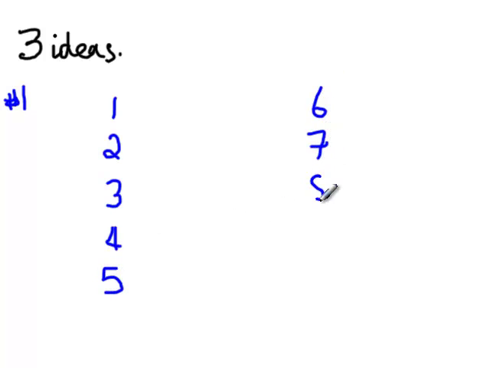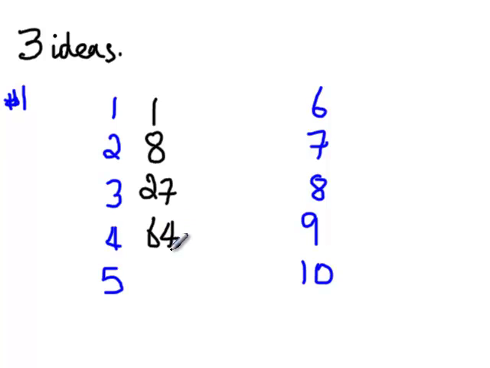Okay, 3 ideas for working with factorising these cubes. First idea, it's very useful to recognise the cubes. So let's just go for our first 10 digits. If you know these cubes, you'll save yourself some effort. 27, 64, 125.